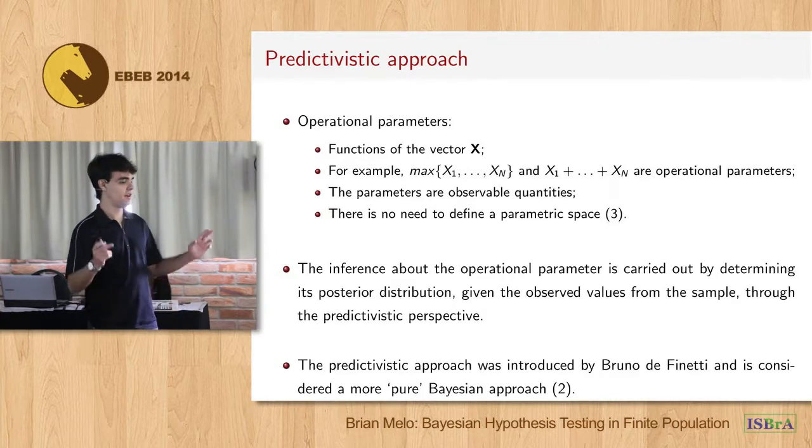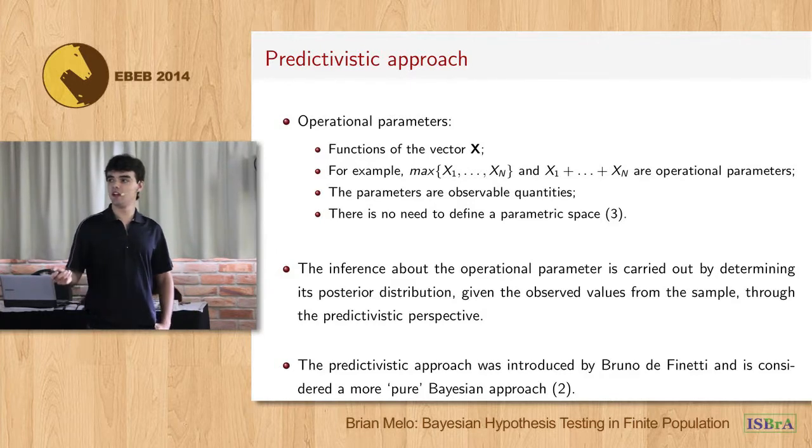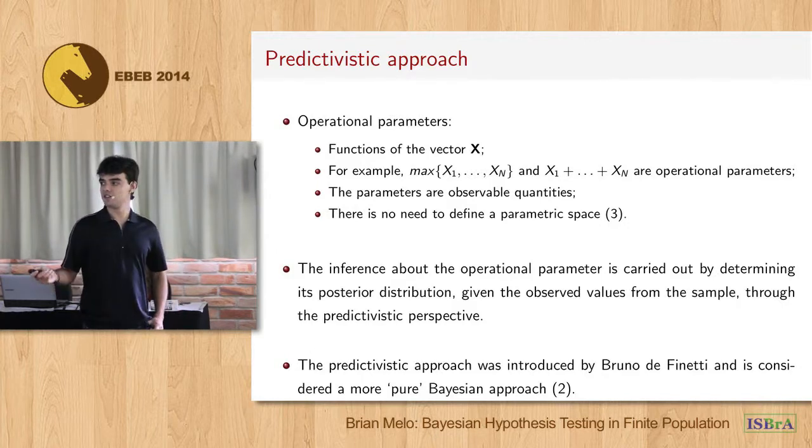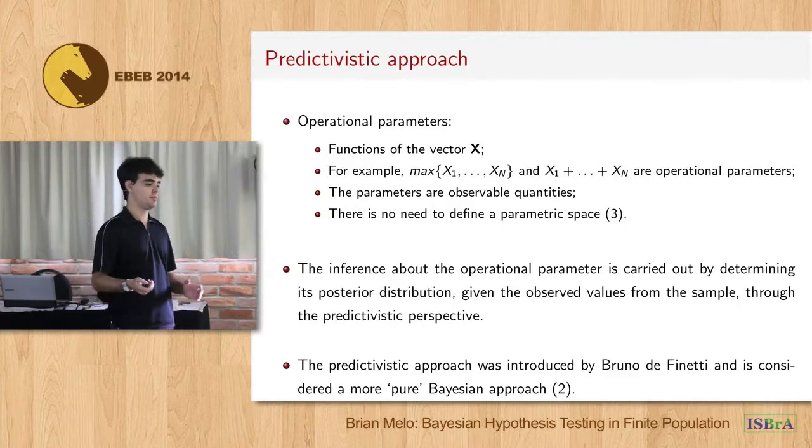Since we have a finite population, we consider operational parameters, which are basically just functions of the vector x. For example, the maximum of x1, ..., xn, or the total. These are operational parameters. And the inference here is carried out through the predictivistic perspective. In this perspective, we just make probability statements about observable quantities, which means there is no, for example, a parameter theta that we don't know what theta is.